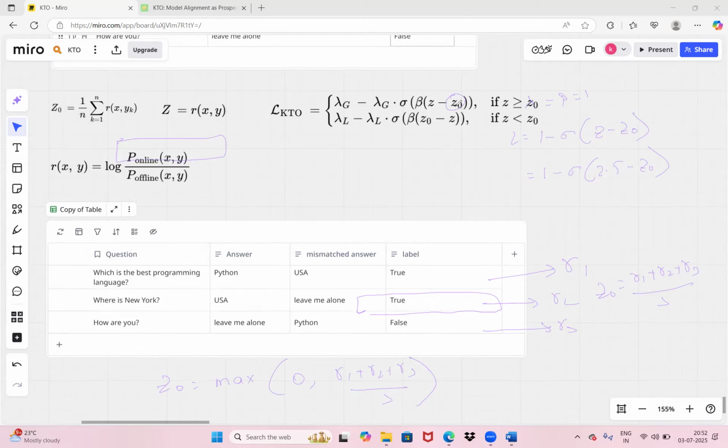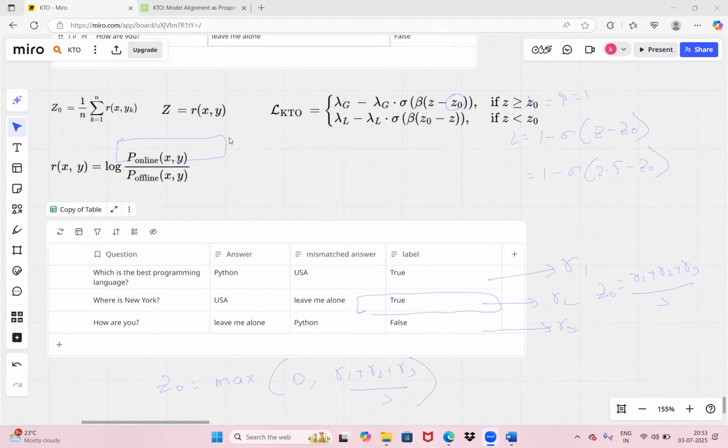If z naught value is very, very less, even if the reward of a not so great answer is slightly above z naught, still loss will get reduced. So to avoid that, the paper has added a clipping function over here.